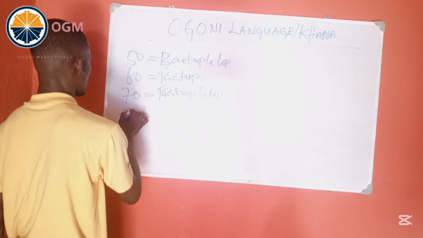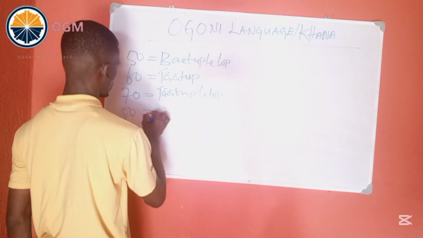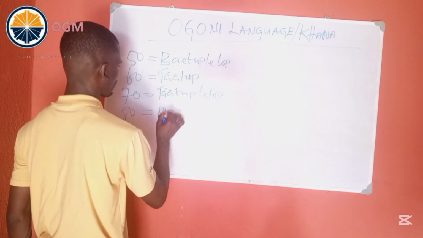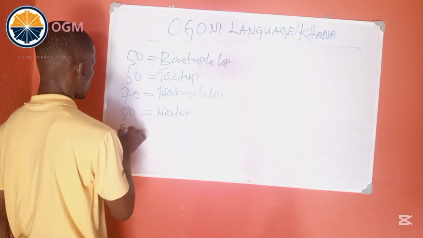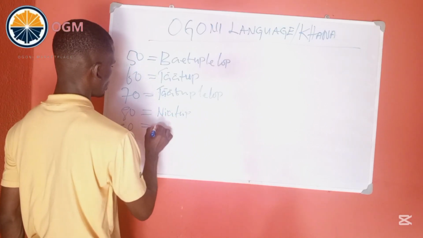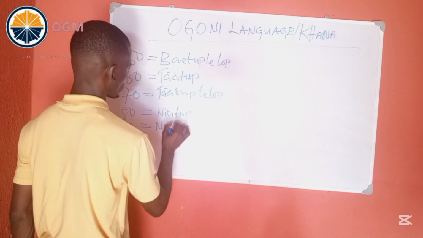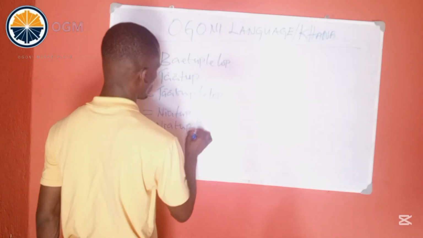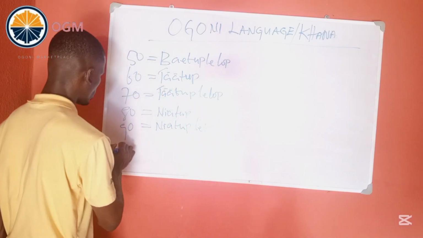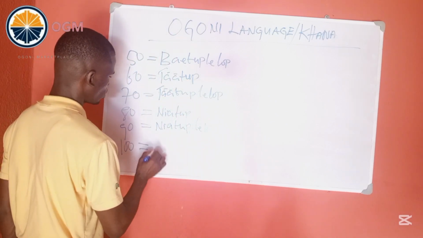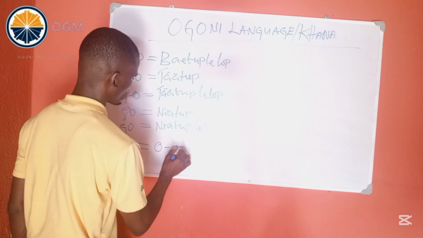Then we have 80, which is Nia. Then we have 90, which is Nia Tup Lelu. Then we have 100, which is Oo Tup.